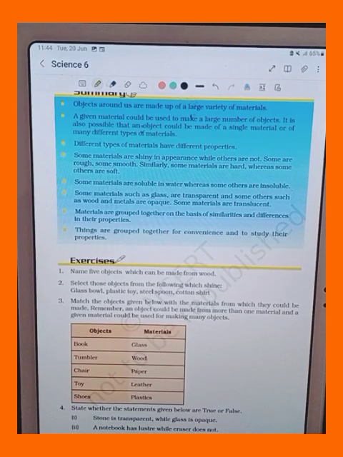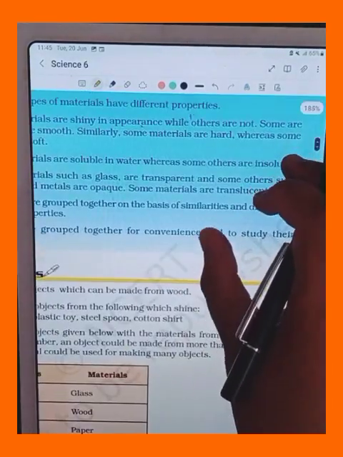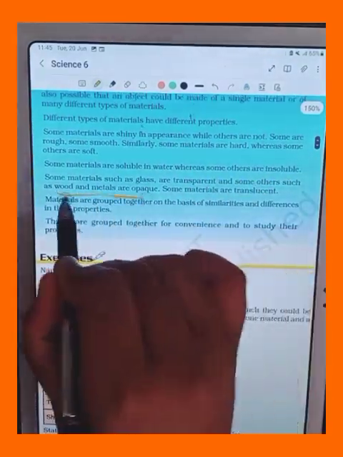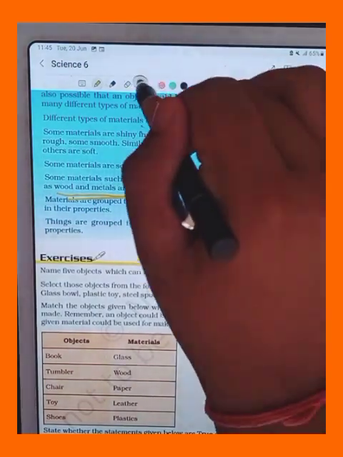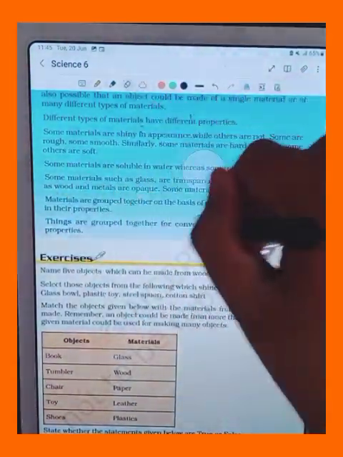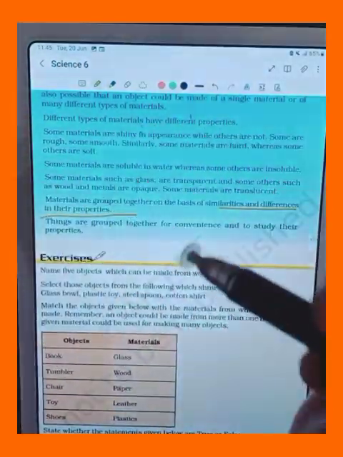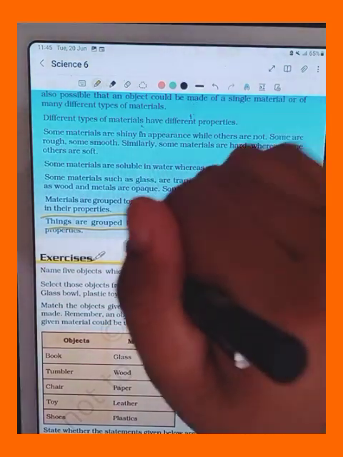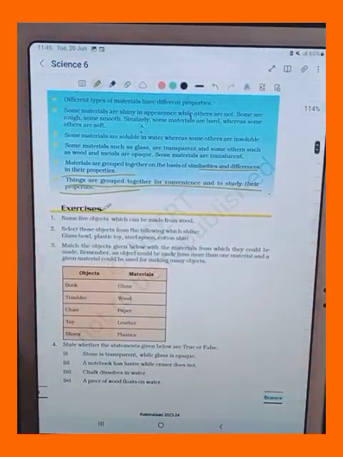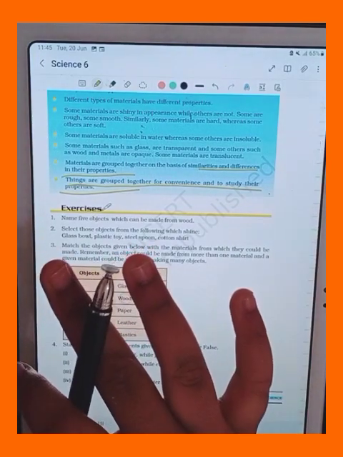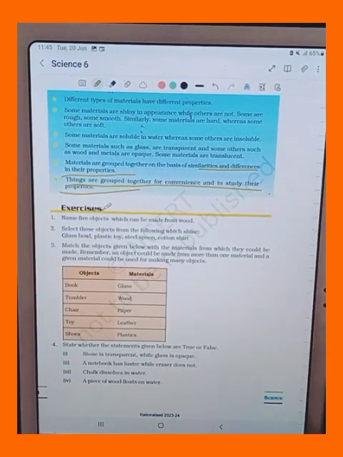Some materials such as glass are transparent, and others such as wood and metals are opaque. Some materials are translucent. Materials are grouped together on the basis of similarities and differences in their properties. Things are grouped together for convenience and to study their properties. Okay, got that? So, exercise.